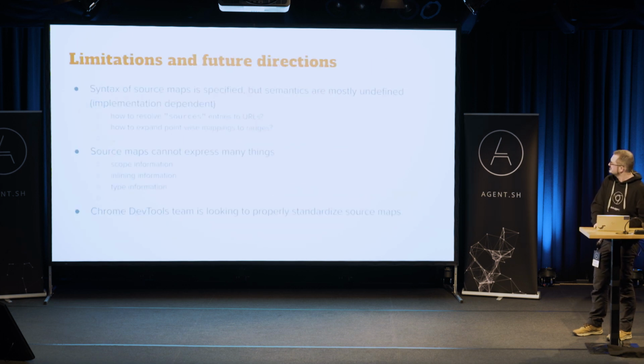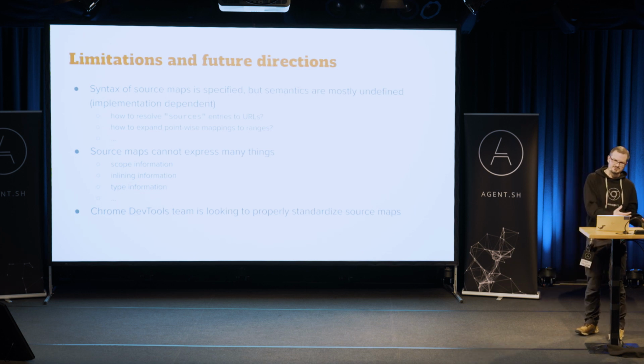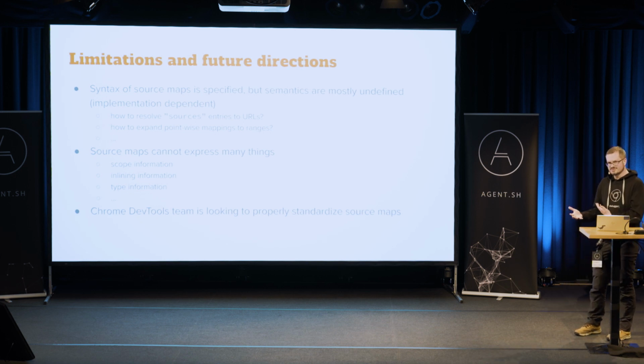So the problem we are facing is that the current source maps are under-spec'd, and browsers interpret them differently. Generators don't generate them consistently, and they don't know how the browser interprets them because the spec doesn't say. It doesn't say how to resolve the sources, for example.